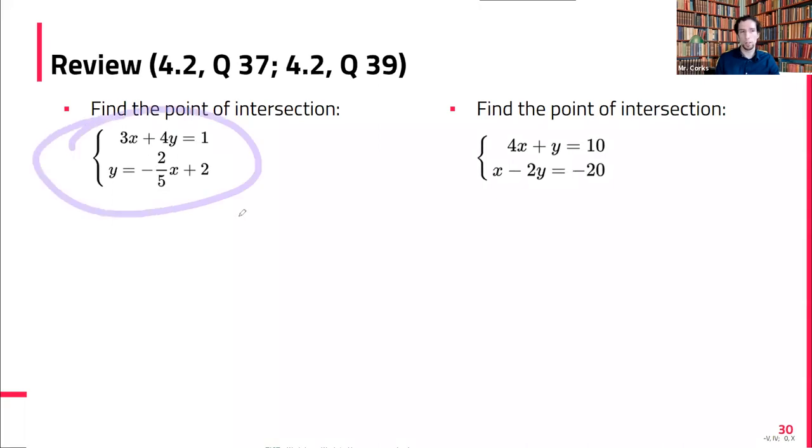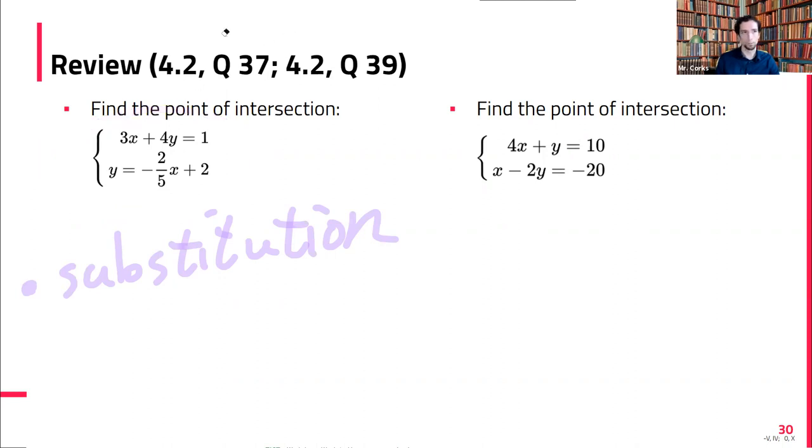Two equations of lines here, so two equations, two unknowns. How can we find a point of intersection? By using the substitution method. Can you briefly explain what substitution is? We find one unknown variable and substitute it into the other equation, and then solve.